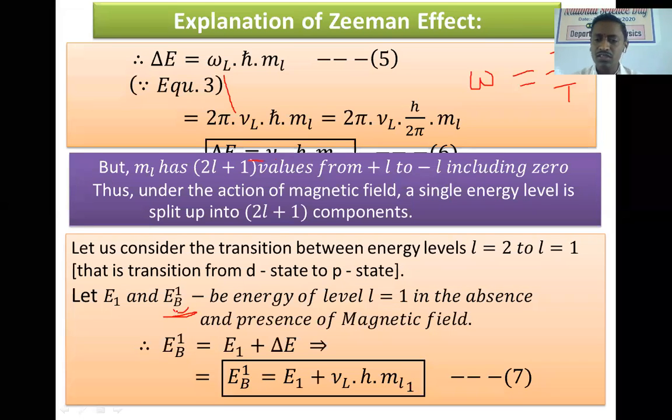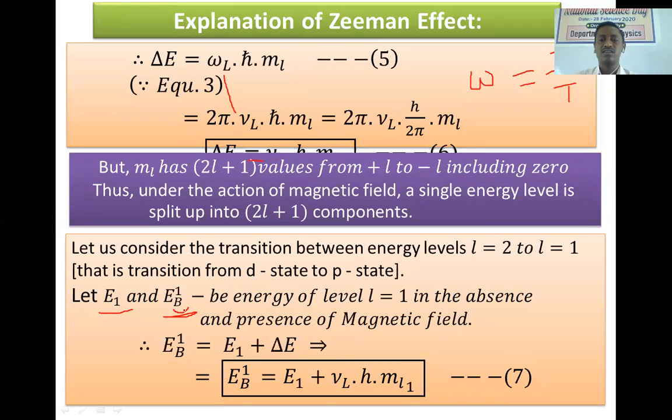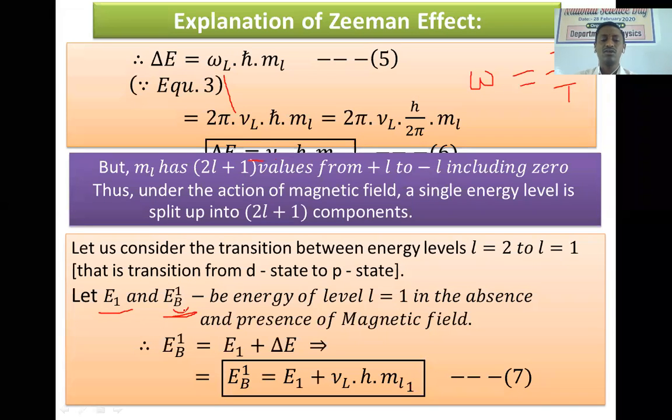Now for the P state energy level, its energy before the magnetic field will be E1, energy after the magnetic field will be EB1. Obviously we can write EB1, that is energy in presence of the magnetic field, equals energy in absence of the magnetic field plus increase in energy due to the application of the magnetic field, or plus interaction energy.